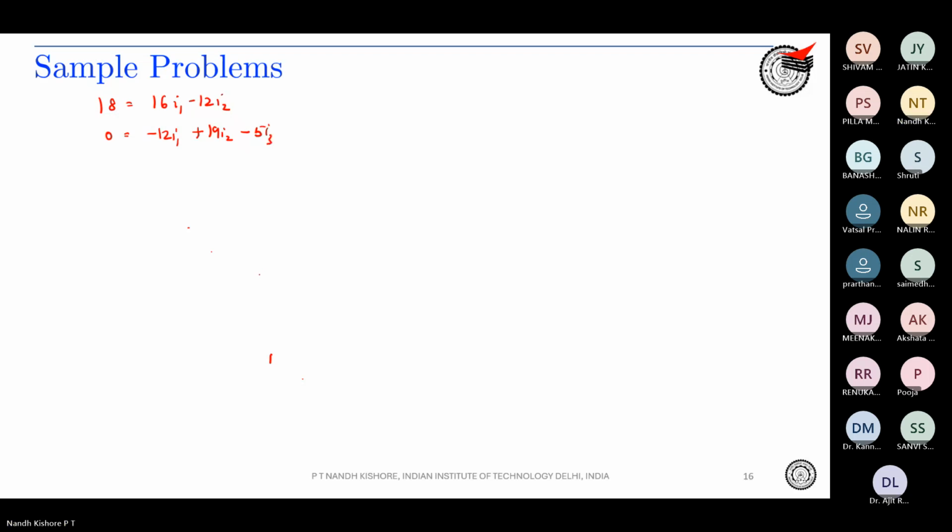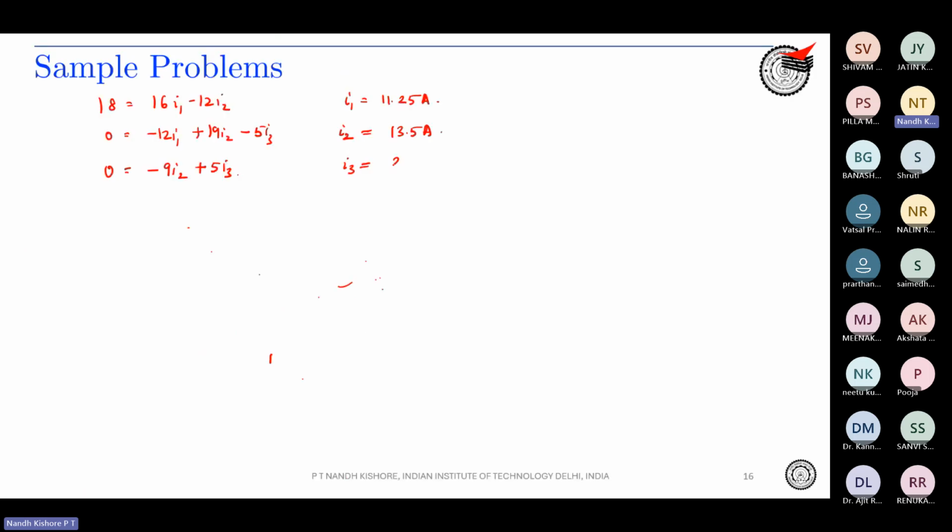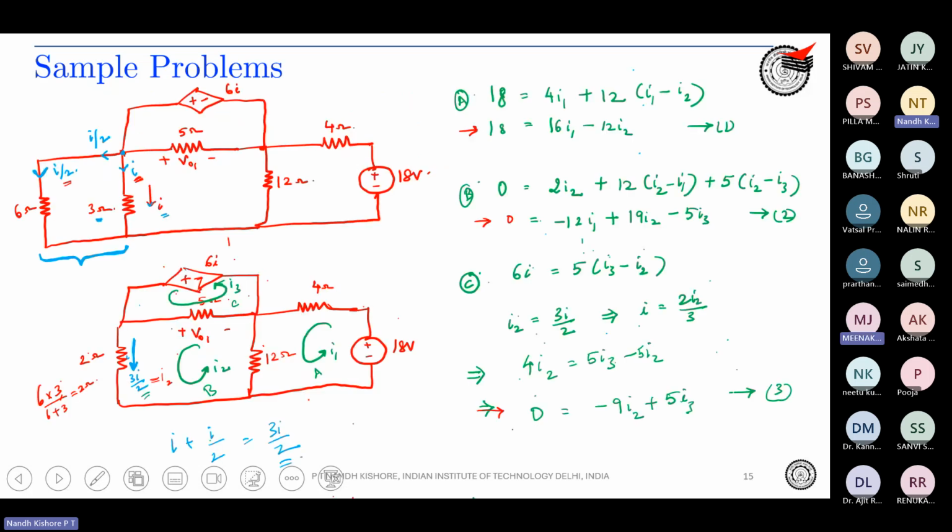And 0 equals minus 9I2 plus 5I3. Okay, so it turns out that if you solve this, you are going to get I1 equal to 11.25 amperes, I2 equal to 13.5 amperes, and I3 equal to 24.3 amperes.